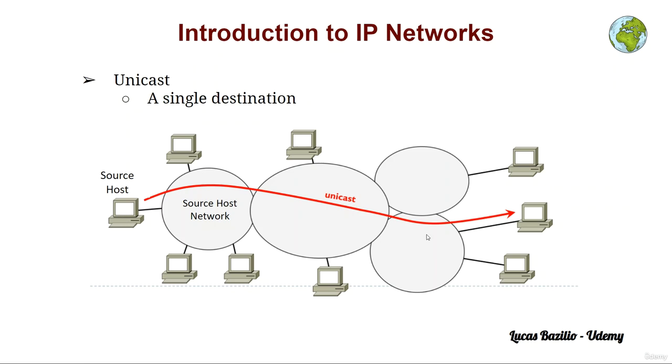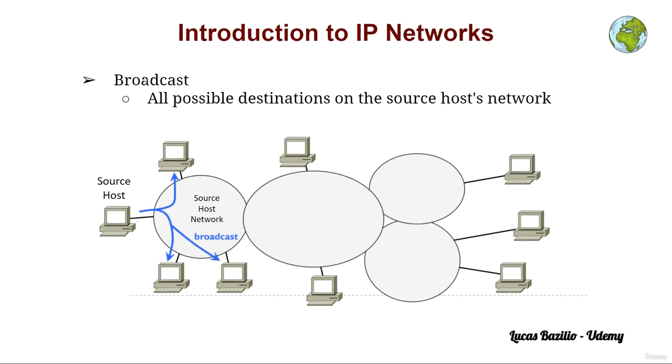This datagram is going to travel one way. Firstly it passes through the source host network, then through another network, and finally this last network, so three different networks that this datagram traverses until it reaches the destination host.